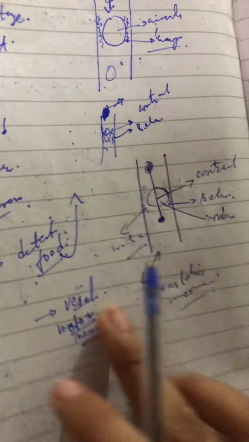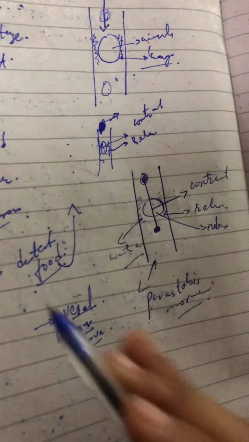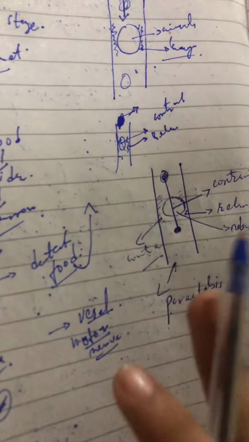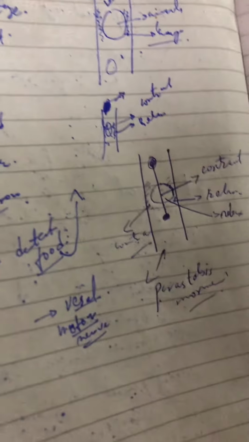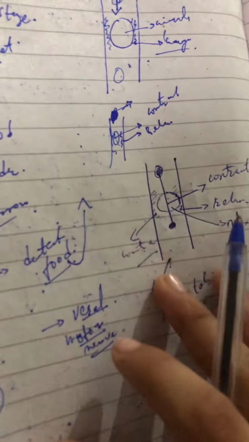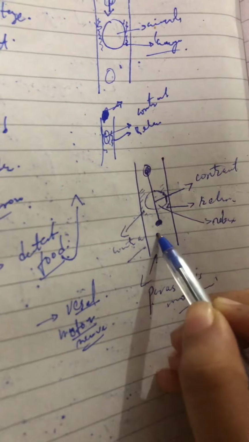Now we have one question: if the peristalsis movement becomes the opposite of this, what will happen? We have already known about vomiting, right? Why does vomiting happen? The peristalsis movement will occur on the opposite side.